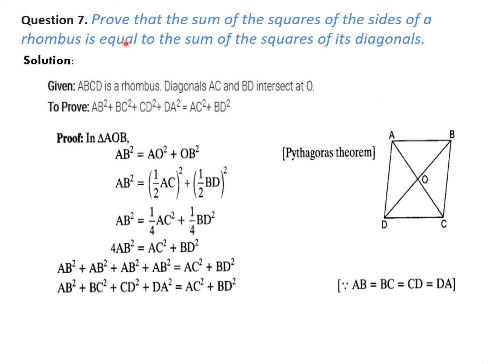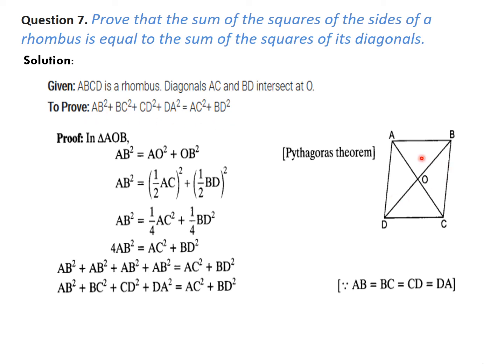According to the question, we have to prove that the sum of the squares of the sides, which are AB, BC, CD and DA, that is AB square plus BC square plus CD square plus DA square, is equal to the sum of the squares of its diagonals. The diagonals are AC and BD, so AC square plus BD square. This is what we have to prove.